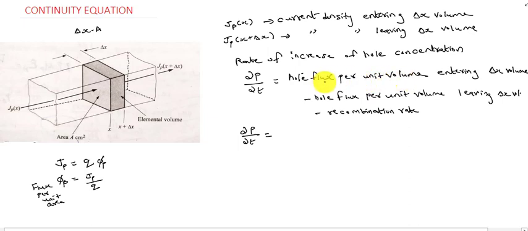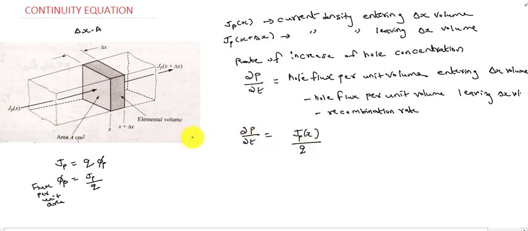The first term is the flux per unit volume entering the delta x volume, phi p, which is Jp by q. Here the current entering is Jp, so we can write it as Jp of x by q. Actually this is flux per unit area.